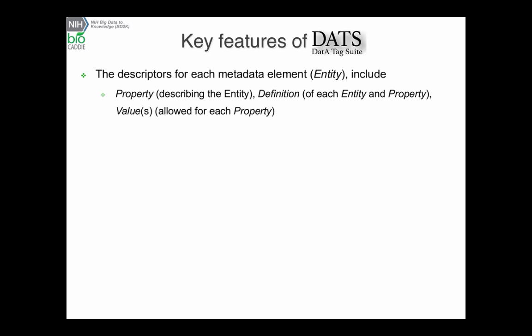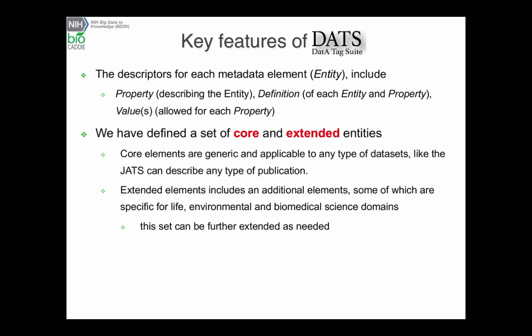So let me walk you through the model. I'm trying to do this in as simple a way as possible. To make the model simpler for people who are new to it, we define what we call a core set of elements and an extended set of elements. The core are very generic, and they are not specific to the life or biomedical sciences.